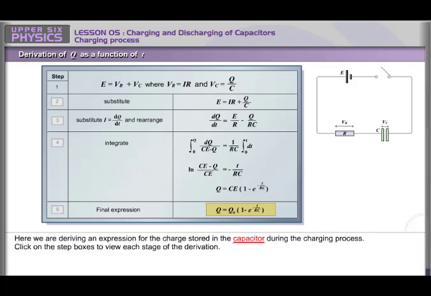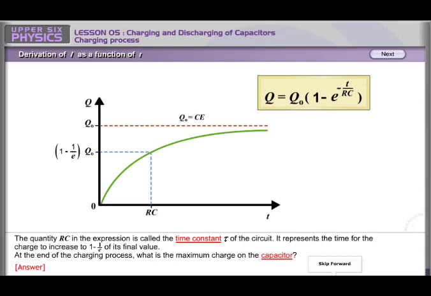Here, we are deriving an expression for the charge stored in the capacitor during the charging process. Click on the step boxes to view each stage of the derivation. The quantity RC in the expression is called the time constant, tau, of the circuit. It represents the time for the charge to increase to 1 minus 1/e of its final value.